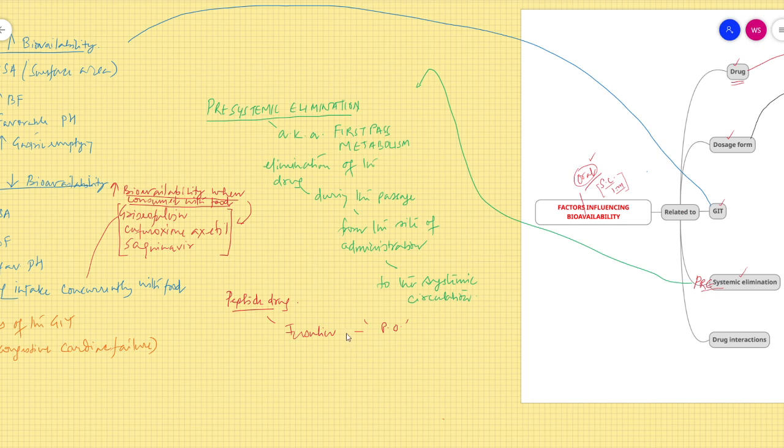So what would happen is this insulin would get metabolized in the GIT because there are proteases. Okay, so in the intestine there are proteases, and these proteases would degrade insulin to amino acids.